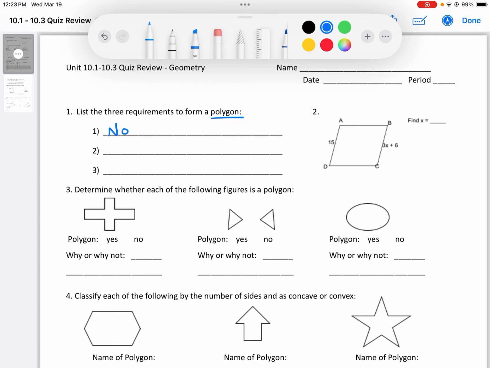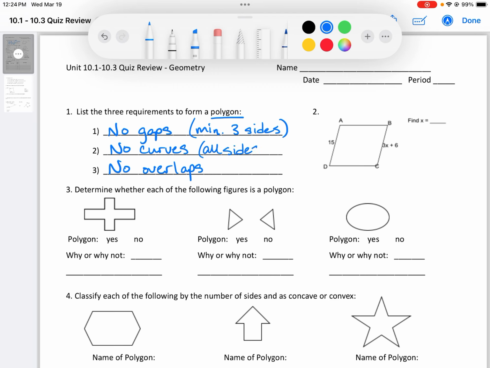The short and sweet way that we've been saying it is that there's no gaps, no curves, and no overlaps. So when we say there's no gaps, it means you have to have a minimum of 3 sides.